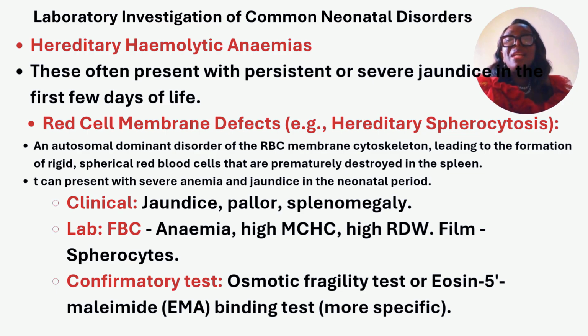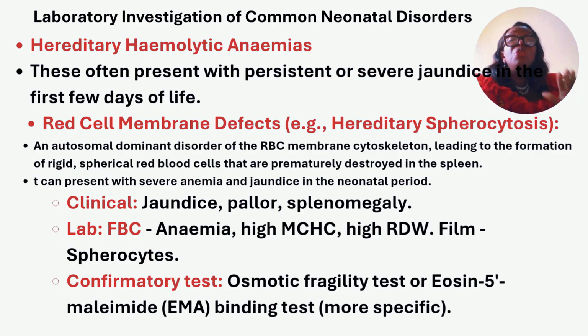Clinically, it presents as jaundice, pallor, and splenomegaly. The laboratory tests we normally do include, of course, a full blood count. The full blood count will look at the red cell parameters, WBC parameters, even platelet parameters, and then you look at your blood film.